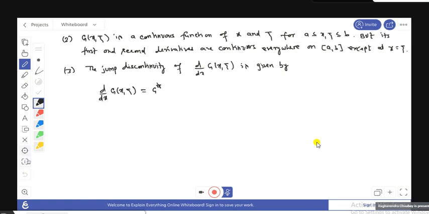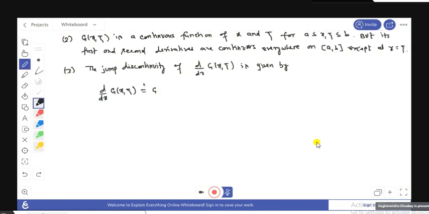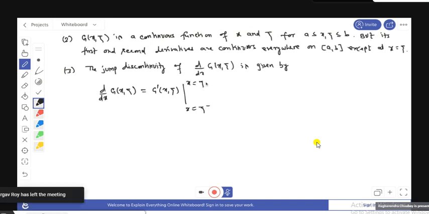Okay, so you can write G prime of xi, from x equals xi minus to x equals xi plus. This discontinuity equals 1 over p of xi.